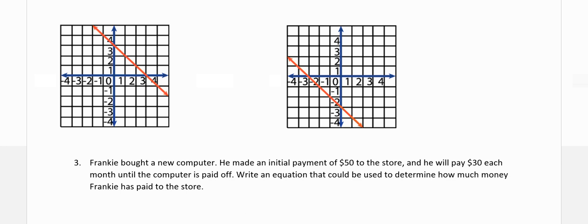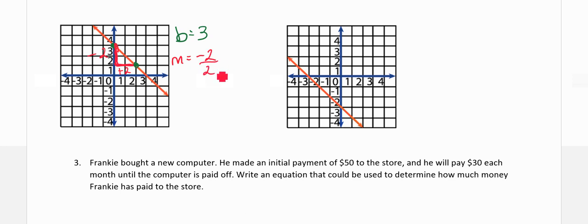Going to our next one, we can see my y-intercept is 3. My slope, rise over run, is going down 2 and over 2. So my slope is -2 over 2.